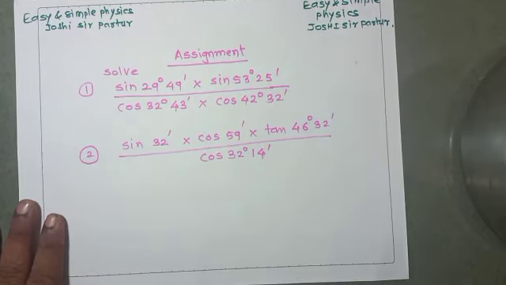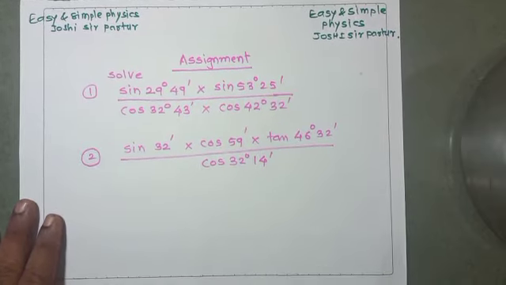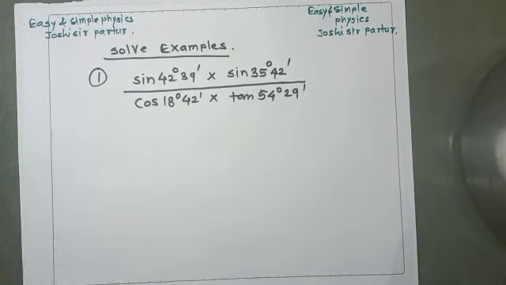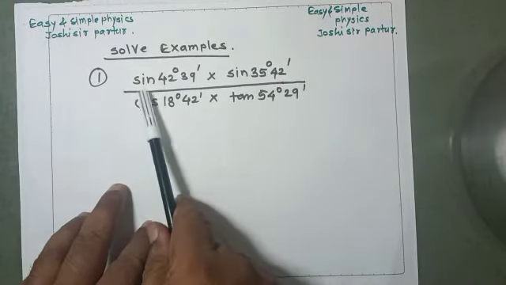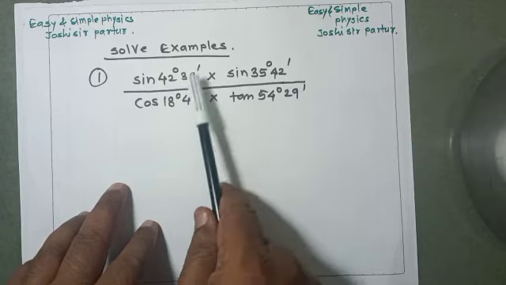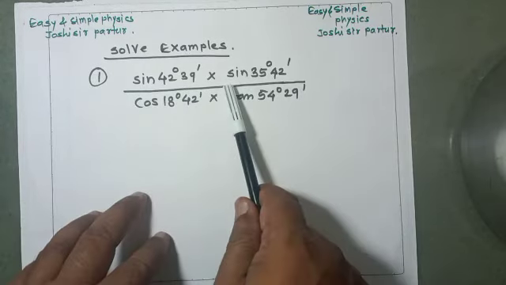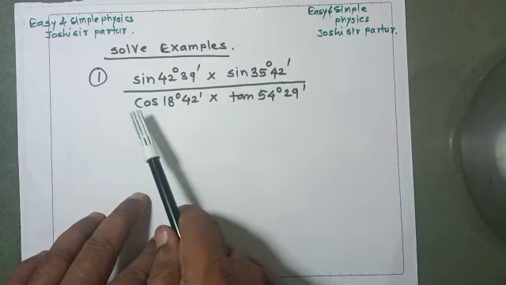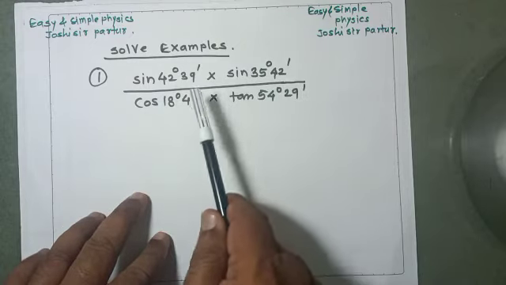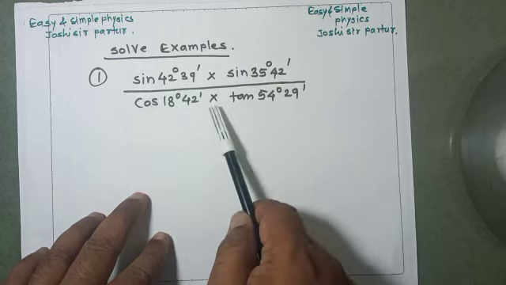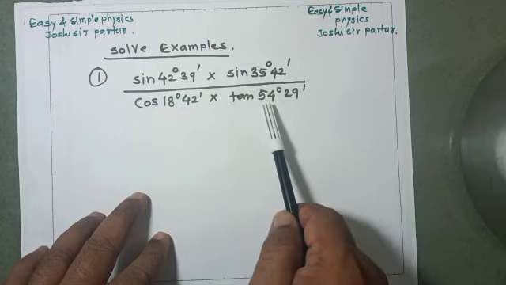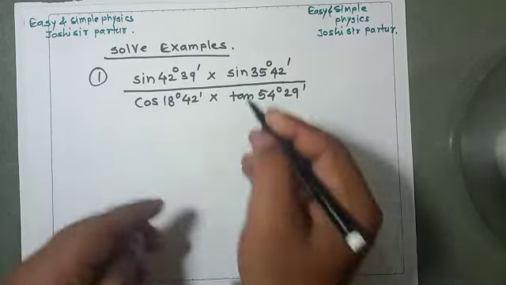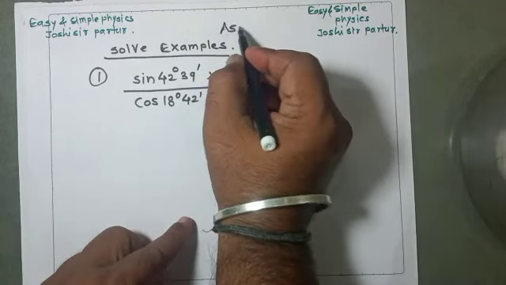Another example you can also solve for practice: sine 42 degree 39 minutes, sine 35 degree 42 minutes divided by cos 18 degree 42 minutes multiplied by tan 54 degree 29 minutes. This is also your assignment.